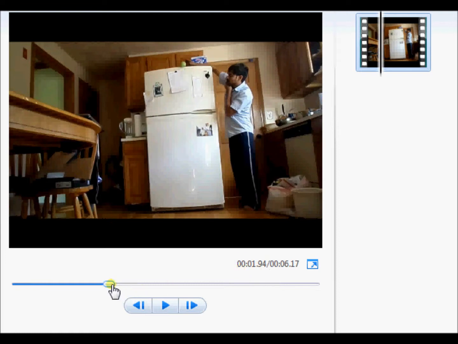The next time I try to find is the moment it is about to hit the ground, so I move it slowly, and as I go down, that's the point where it's just going to hit it, and I record this point as 2.52. Now from 1.94 to 2.52, we can find the time it takes for the ball to fall from its height to the ground.